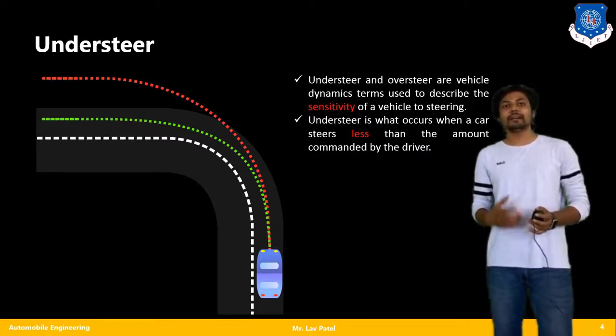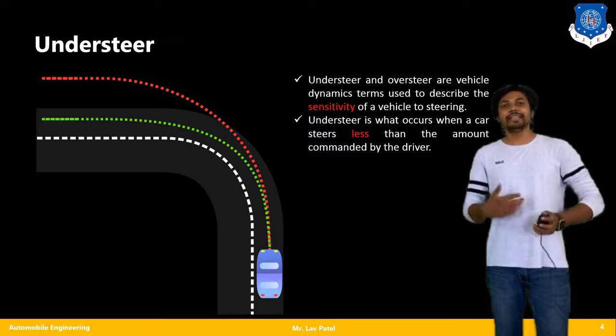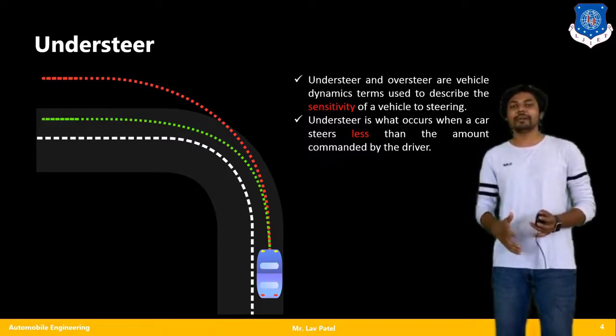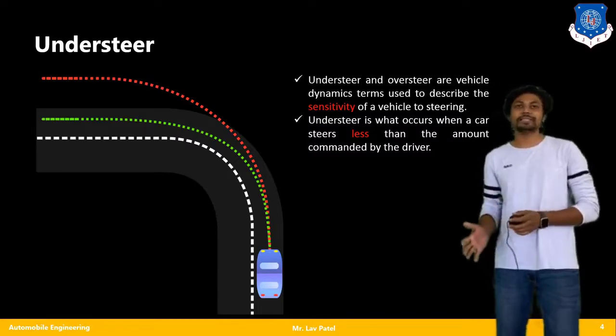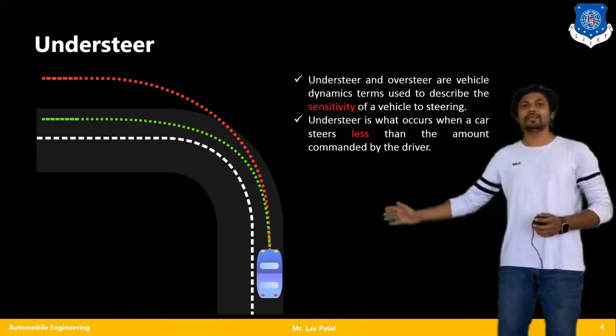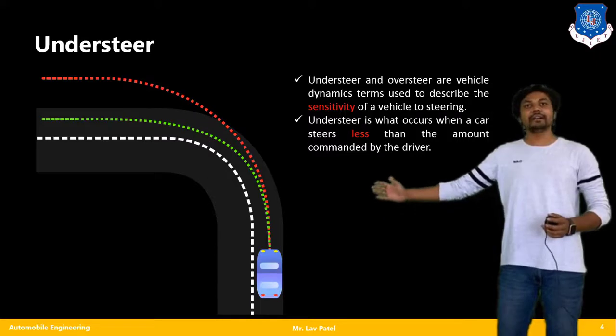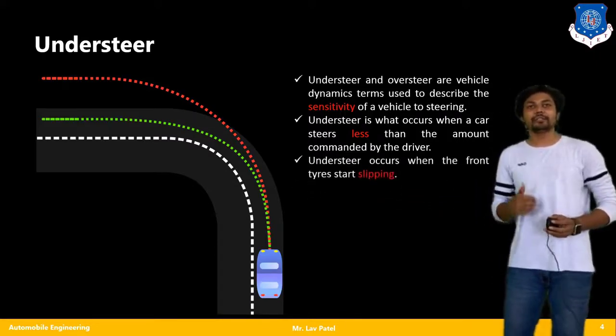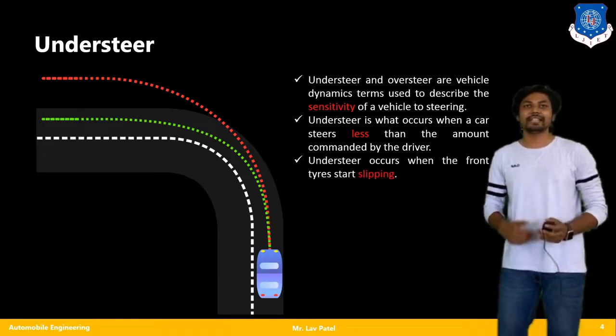So the desired amount of steering travel is less than commanded. In that condition my vehicle moves towards the outward direction, according to this diagram towards the red path, but actually my desired path is the green path. This condition we call understeer.